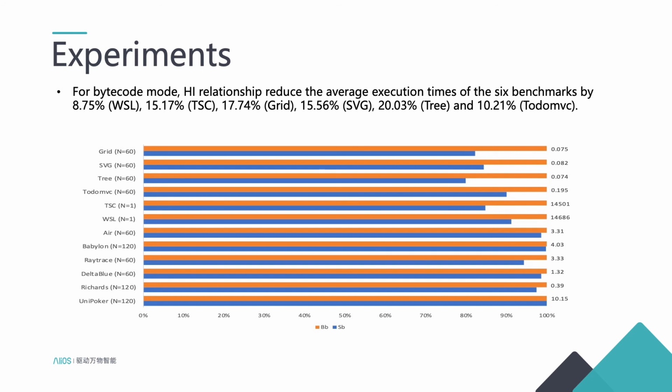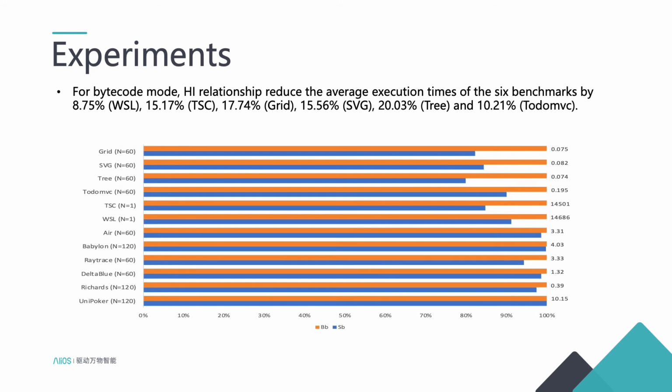The results reported in this figure show the average performance for BB and SB. The performance is normalized to BB. The numbers in parentheses are the iterations. We use the original iteration numbers of the benchmark suite JetStream 2. The absolute times are shown on the right of the BB bars.